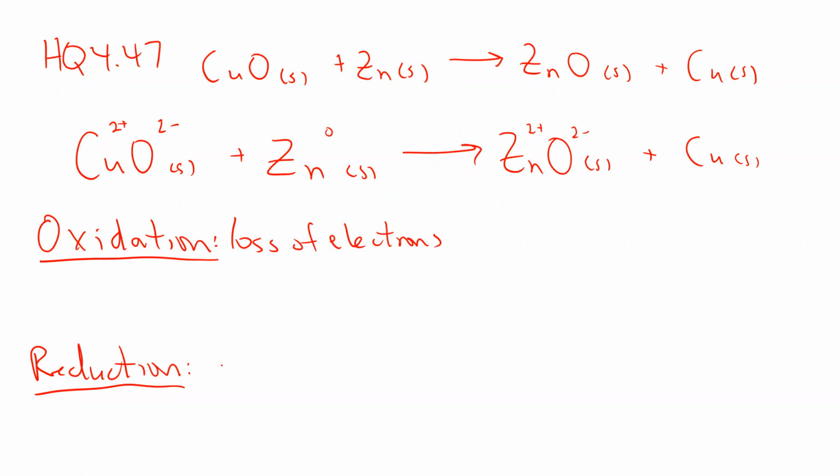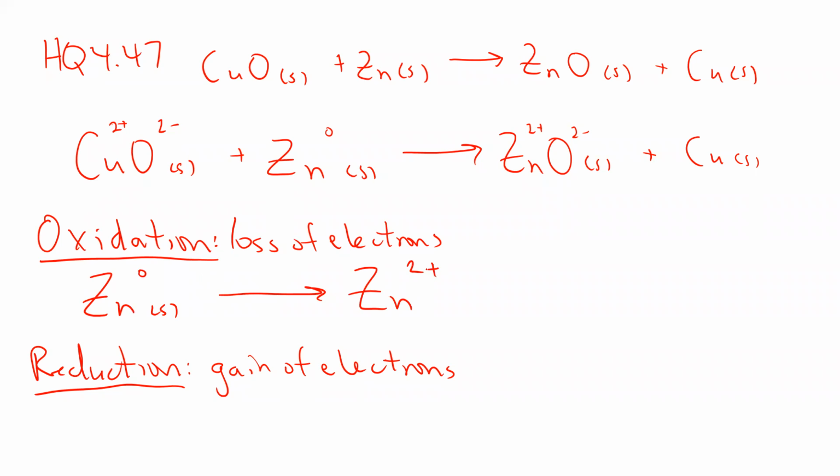Reduction is the gain of electrons. Well, zinc starts off neutral, and it ends up positively charged. How does that happen? By losing 2 electrons, losing 2 negatively charged electrons.